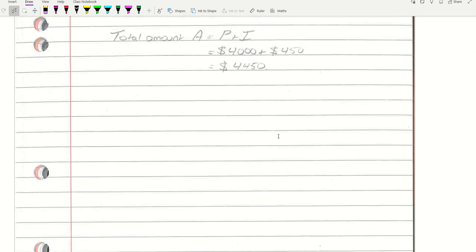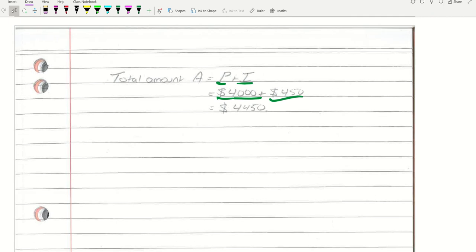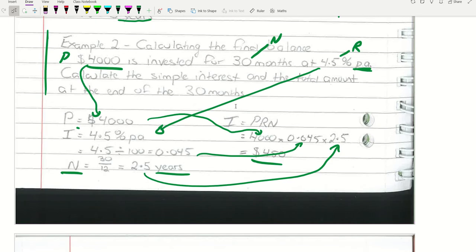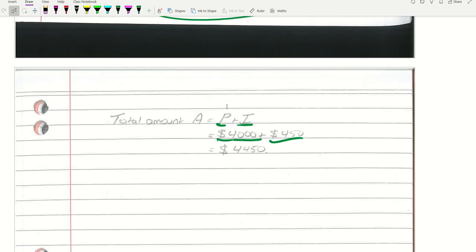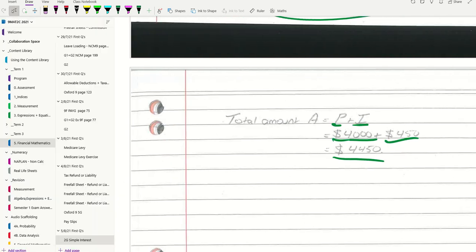So our total amount is equal to our principal plus the interest we earn. It's that $4,000 we had in the first place, and we add the $450 that we just worked out, our interest, and we end up with $4,450.